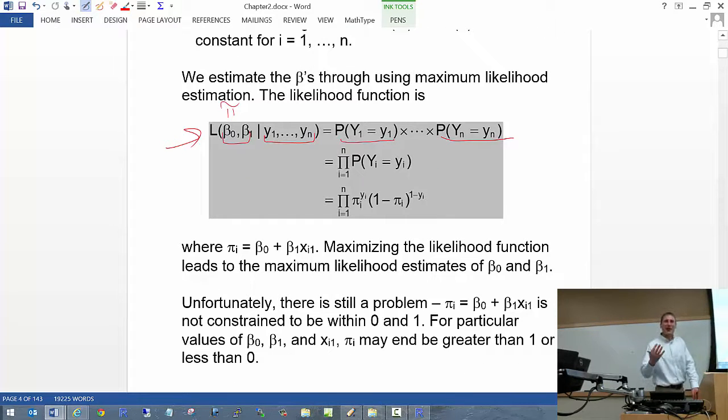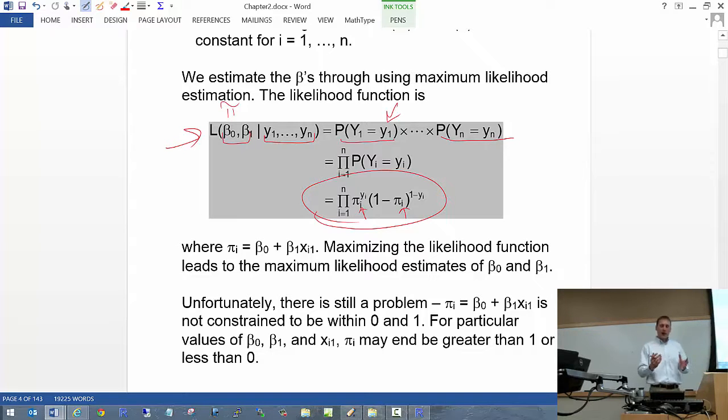You're taking the product of what ends up being Bernoulli distributions. If y1 is observed to be a 1, of course, you're going to put a pi there. If y1 is observed to be a 0, you put a 1 minus pi there with the corresponding subscript. So this, then, is my likelihood function. Exactly the same as we had in section 1.1, except for the subscript i.